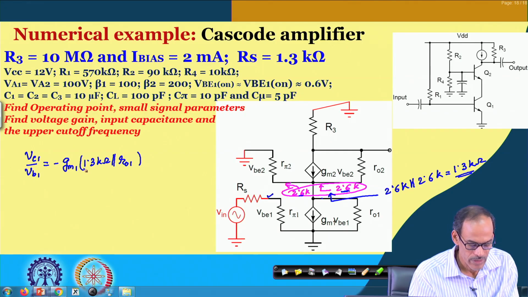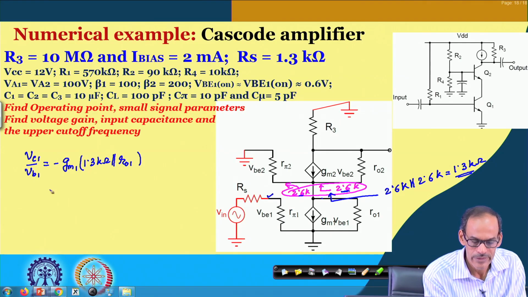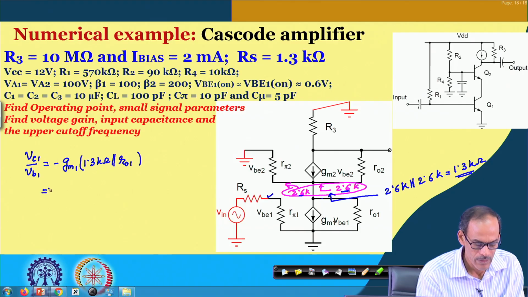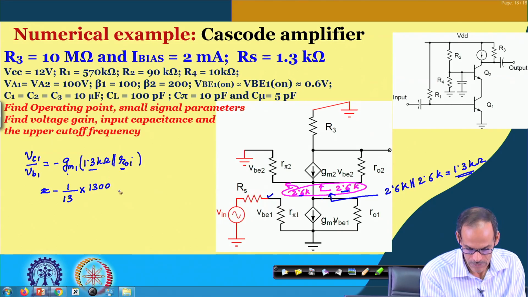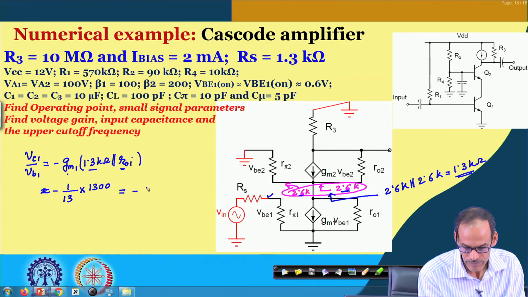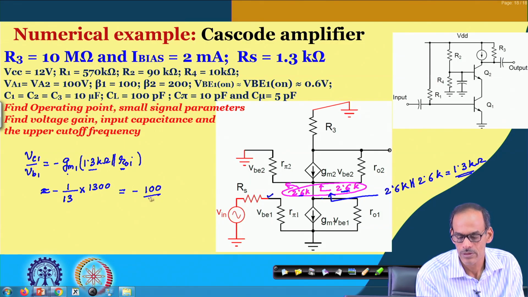So, roughly we can say that you can drop this part, we can retain this one, and this gm1 is 1 by 13. Here we do have 1300. So, if I drop this part, the gain becomes minus 100.